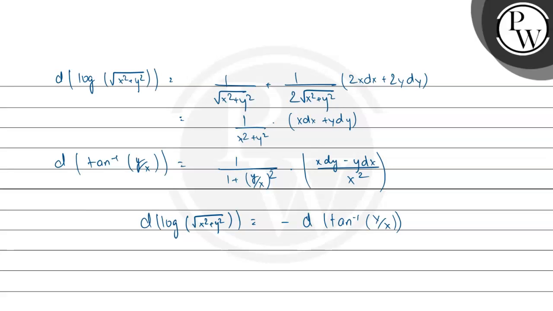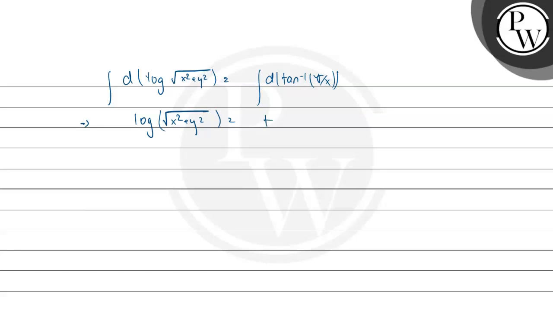Now we integrate on both sides. The integration of d of logarithm of under root of x square plus y square is equal to the integration of d of tan inverse y by x. So logarithm of under root of x square plus y square is equal to minus tan inverse of y by x plus c.